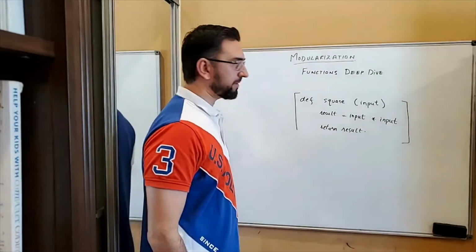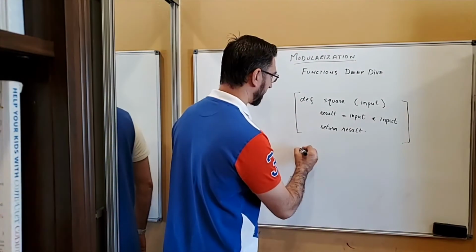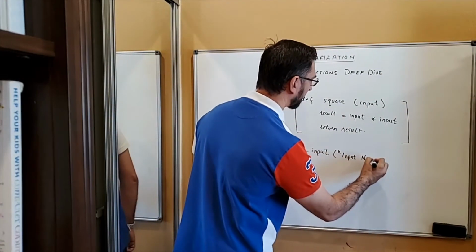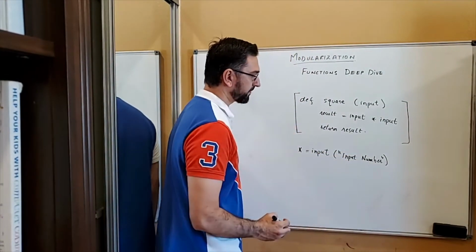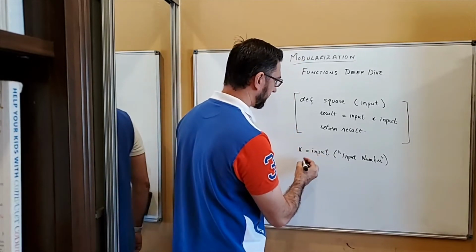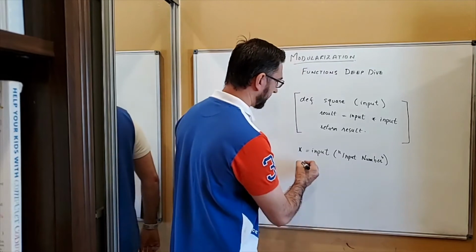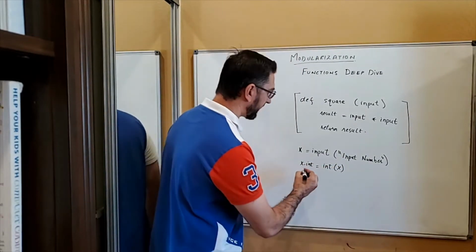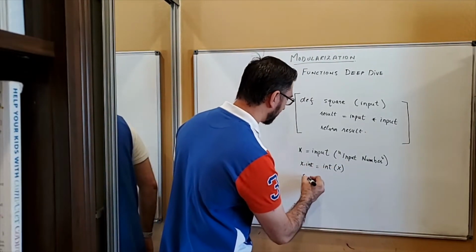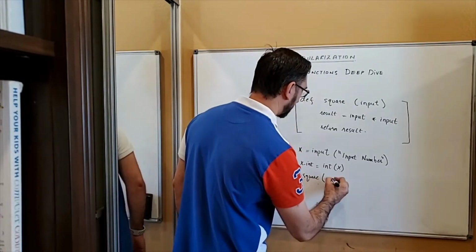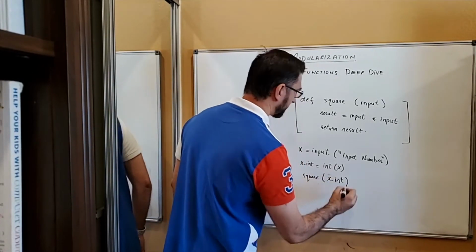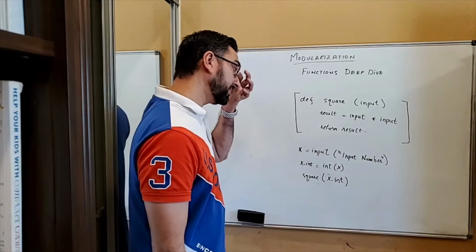Later in the program, I expect an input from the user. Input a number, and then let's just change this input into a number since it's a string at this point. Then we go ahead and call this function, square of x int.